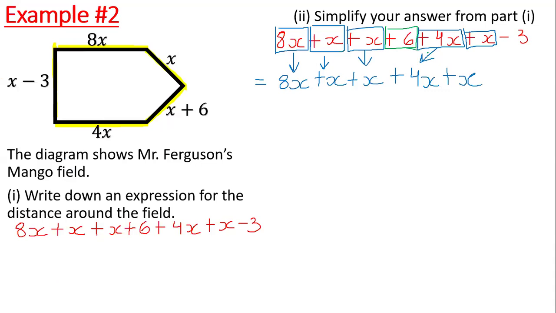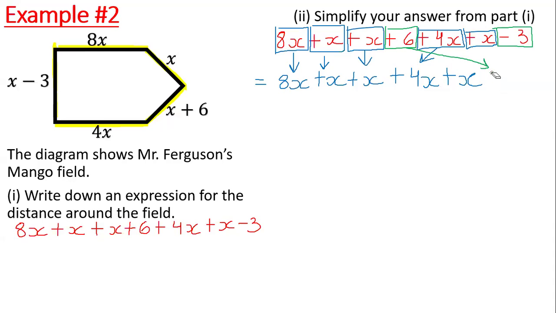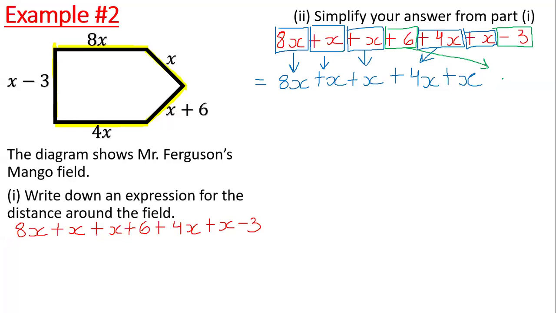And then we have 6 by itself minus 3. So we have plus 6 minus 3. Good.